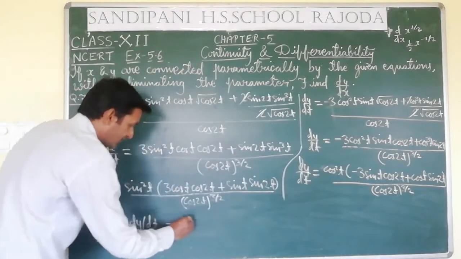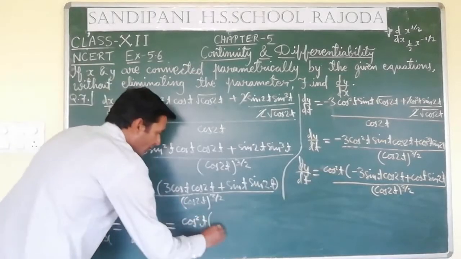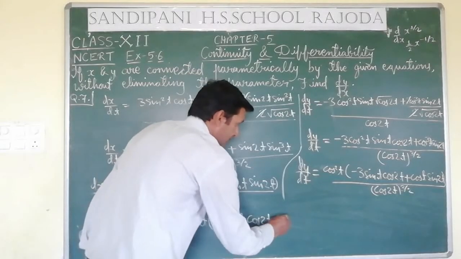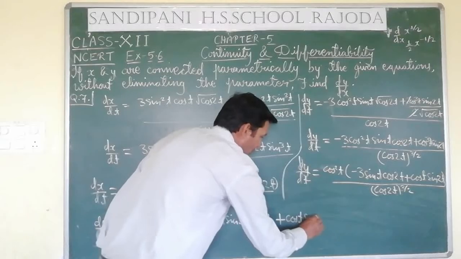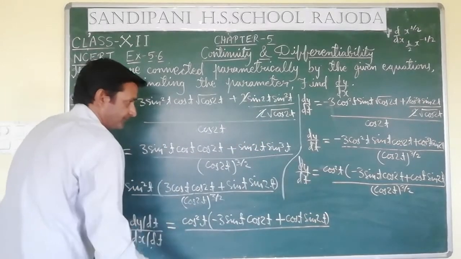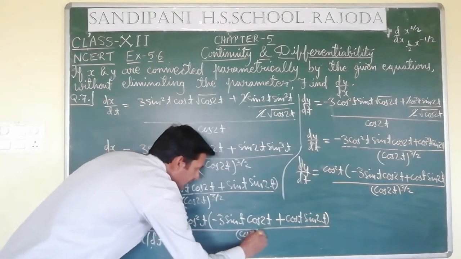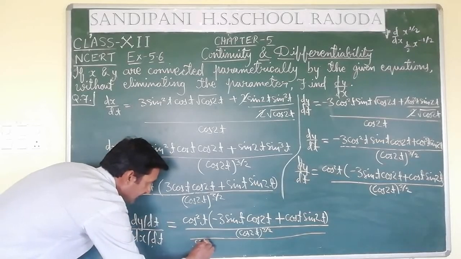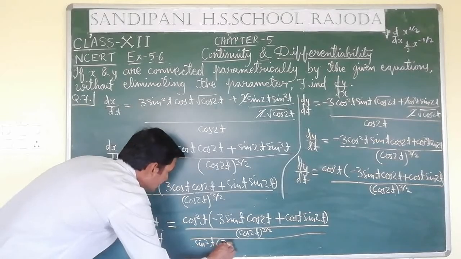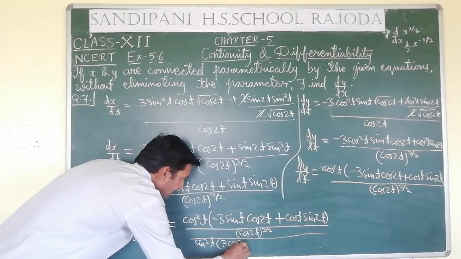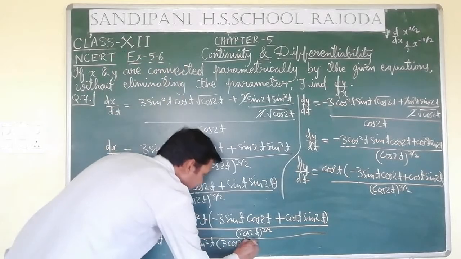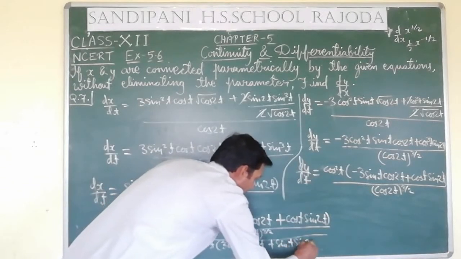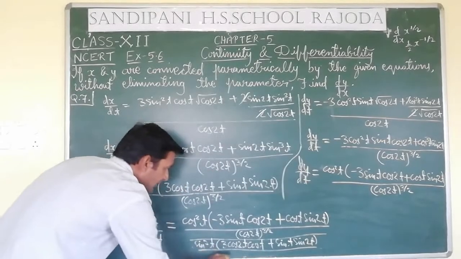The value of dy by dt is cos square t into minus 3 sin t cos 2t plus cos t sin 2t upon cos 2t raised to the power 3 by 2, upon, here it will become sin square t, and then 3 cos 2t cos t plus sin t sin 2t upon cos 2t raised to the power 3 by 2.